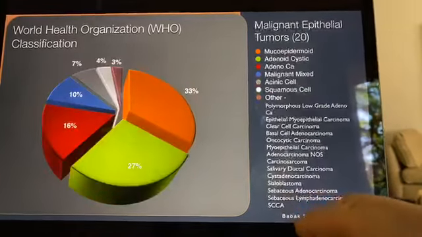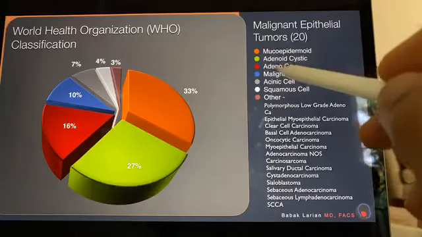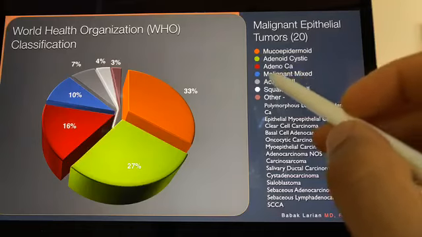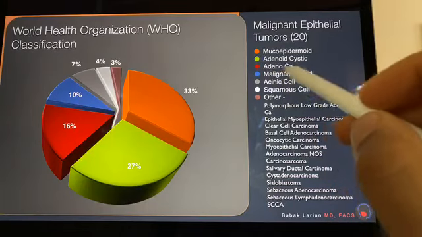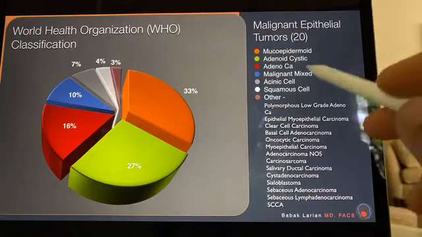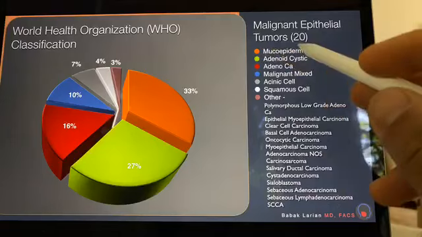Now, moving on to the cancers, there are many different cancers, and some are very aggressive: malignant mixed tumor, which is a pleomorphic adenoma that has transformed into a cancer, squamous cell cancer, adenocarcinoma, and high-grade mucoepidermoid carcinoma.